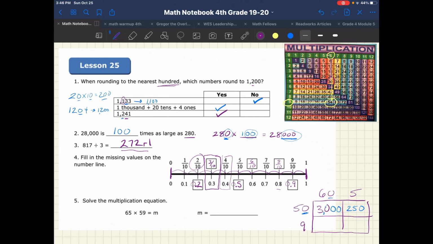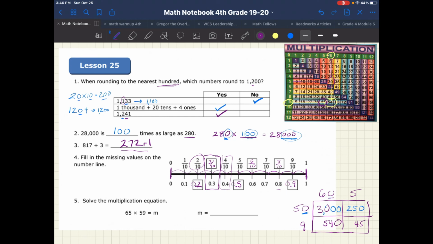So 9 times 6 is 54, and then I'm going to place that 0. And then 9 times 5, right next to it, to 9 times 6, we get 45.